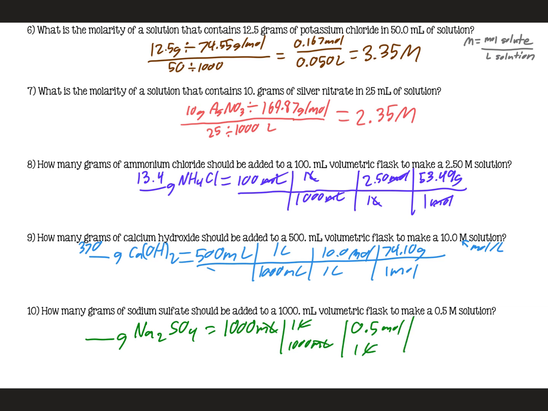And then we also need to use the molar mass of sodium sulfate, which is 142.04 grams per 1 mole. Then we're going to multiply our top numbers and divide our bottom numbers to get 71.02 grams of sodium sulfate.